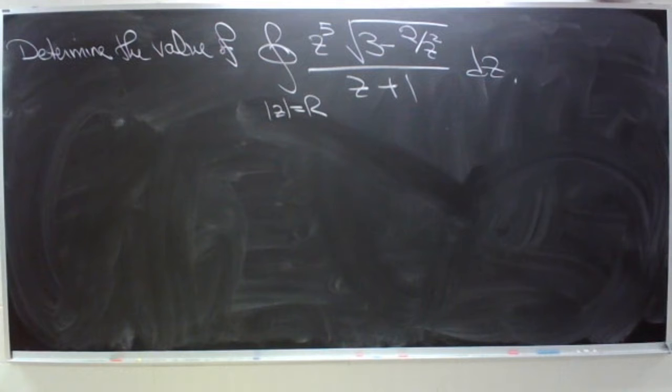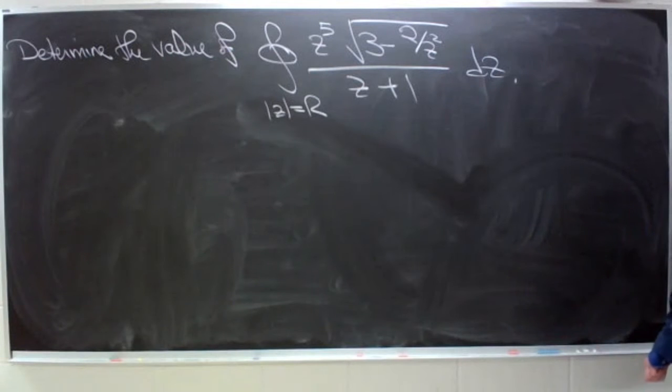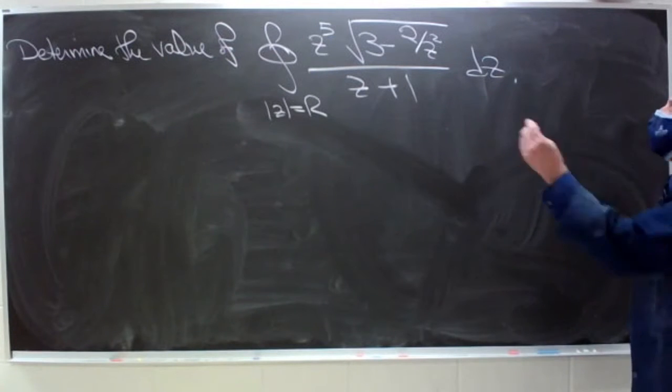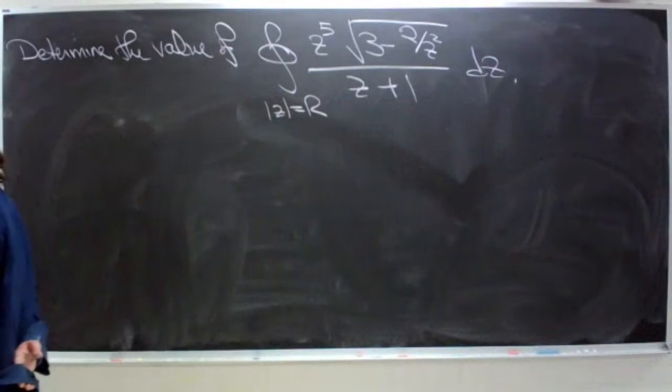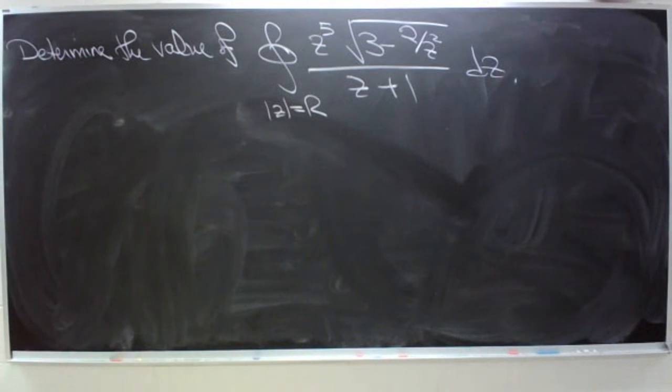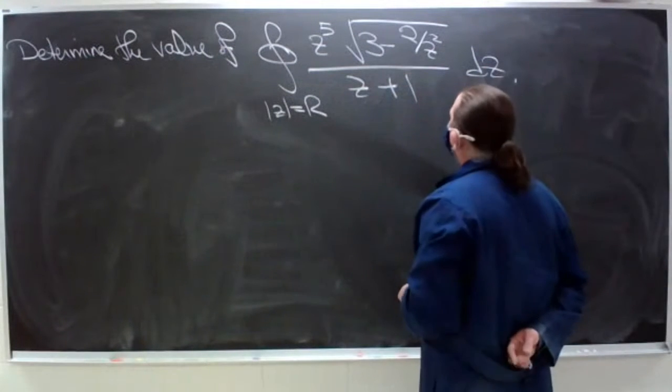So what I'm going to do is say, if I want to integrate over a really, really big contour, I could just use a Laurent series expansion that converges in that modulus z greater than something region.